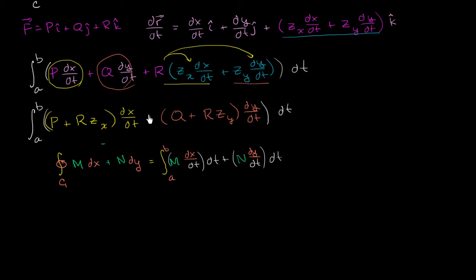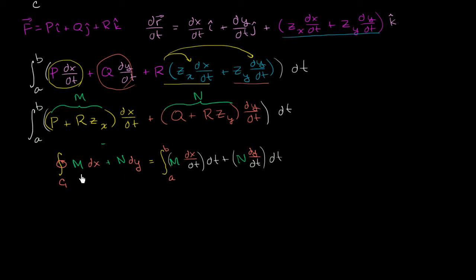We can distribute the dt, and this piece right over here looks a lot like M in our example. It's being multiplied by dx dt, and then this dt, which you can distribute. And this piece looks a lot like N. And so we have something that looks like this.